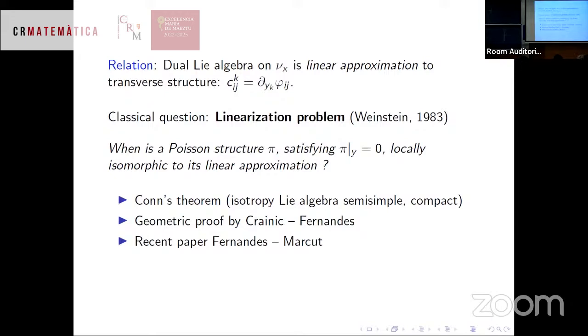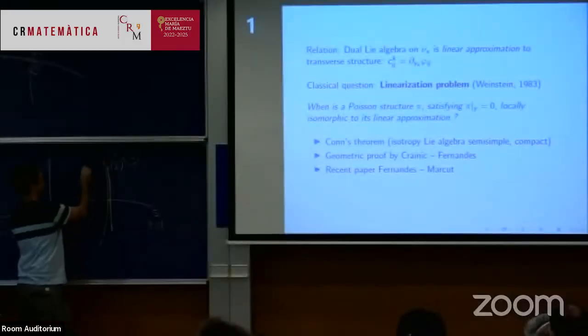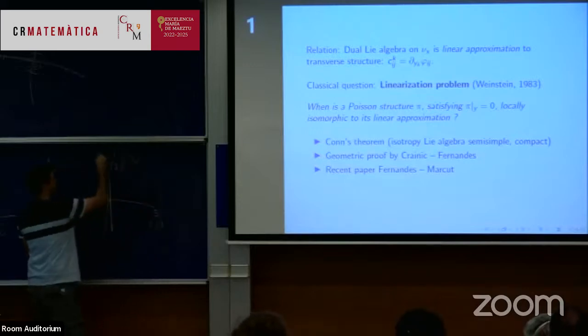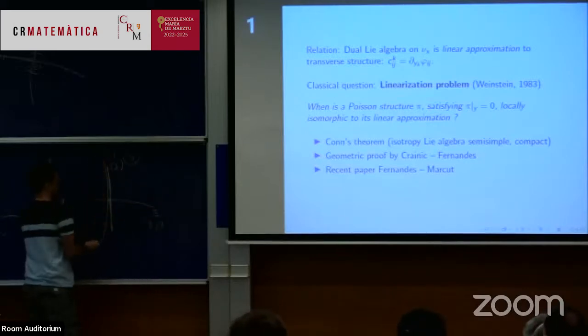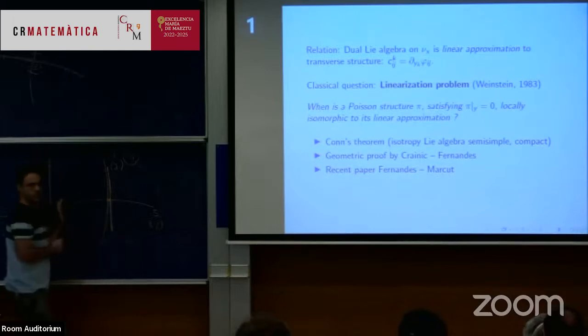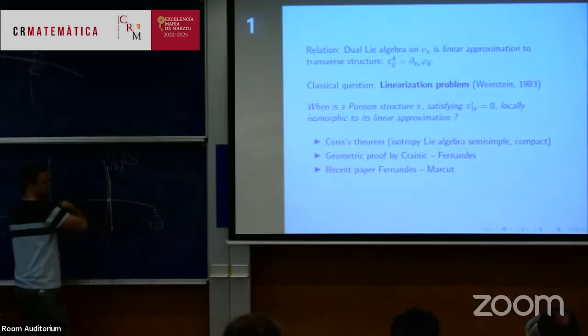Okay, so just a brief summary. The picture to have in mind is that locally a Poisson structure on a manifold is a product of two things. You have a symplectic factor and you have another factor that degenerates at this point, right? This symplectic factor has an intrinsic meaning on the whole manifold as symplectic leaves.